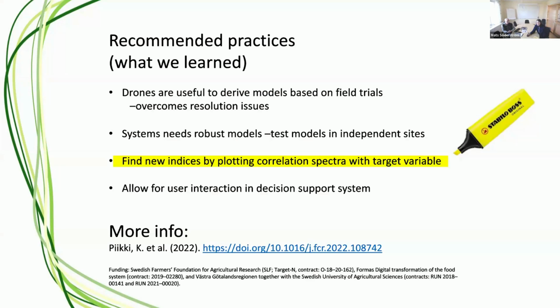So test models in independent sites and strive not for overfitted, very complex models. We found that it was possible to develop new indices by looking at correlation spectra with a target variable. So that is one thing you can do if you want to develop new indices. And I want to point out that user interaction is very good in decision support systems. The project is described in this publication if you want to read the details later.